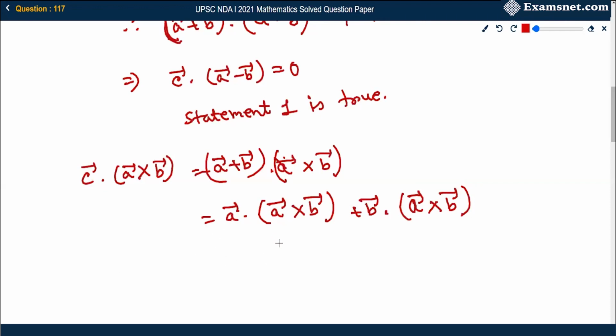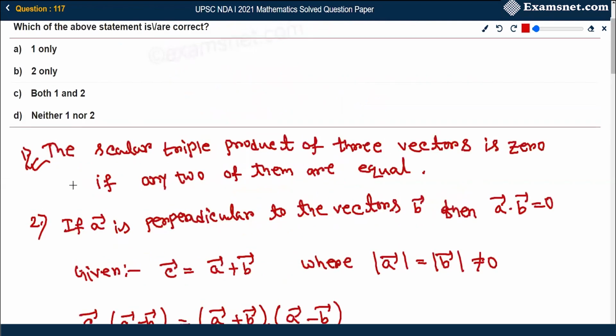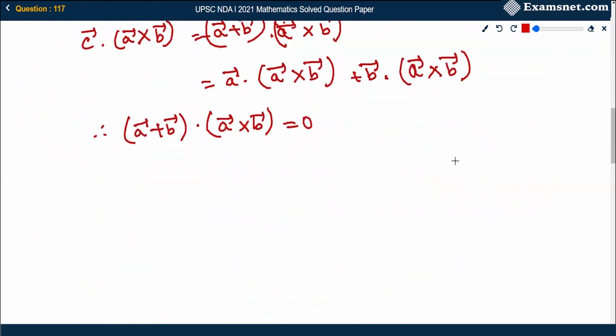As we know, the scalar triple product of three vectors is 0 if any two of them are equal. So we can say therefore A vector B vector C equals 0. The reference is the first concept: the scalar triple product of three vectors is zero if any two of them are equal.